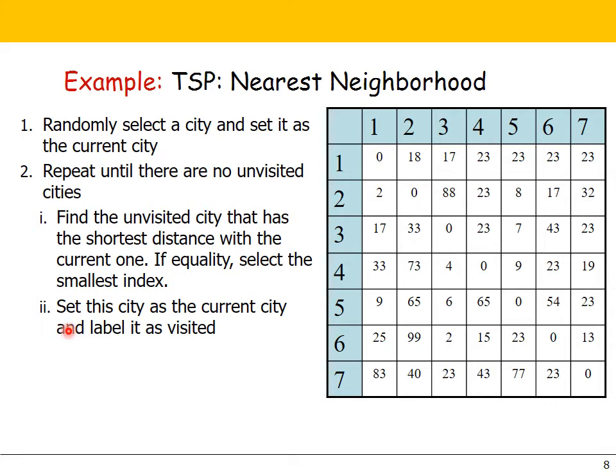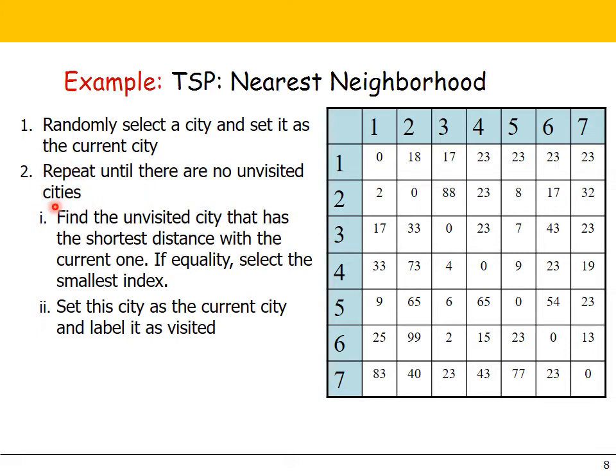That's why please read such pseudocodes till the end, and then in the second pass read it again and try to understand each step. Okay, randomly select a city. So one of these 7 cities we are going to select, and we will set it as the current city.